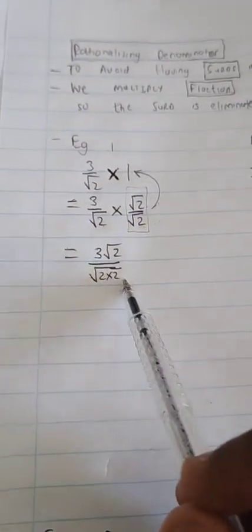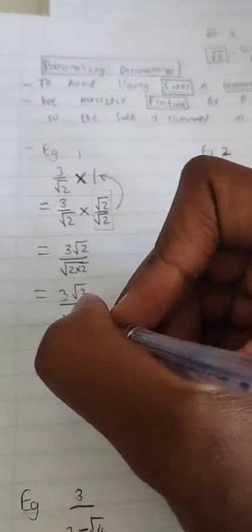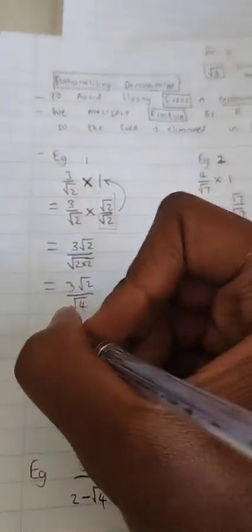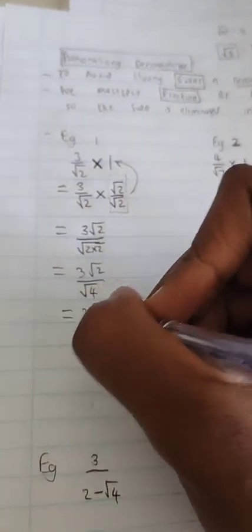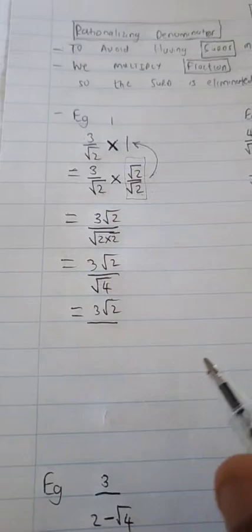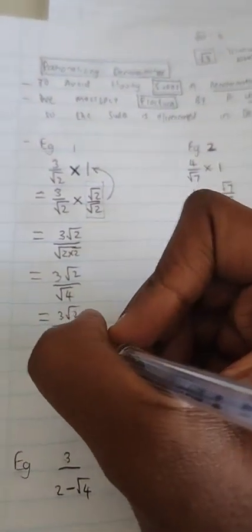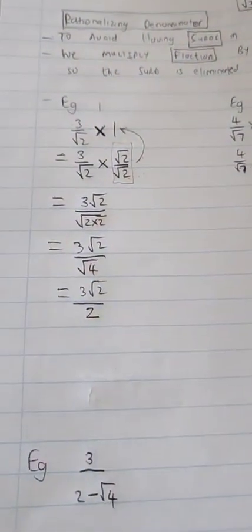Because this is the square root, we write the 2 times 2 underneath. 2 times 2 is 4. What is the square root of 4 in the denominator? That is equal to 2.